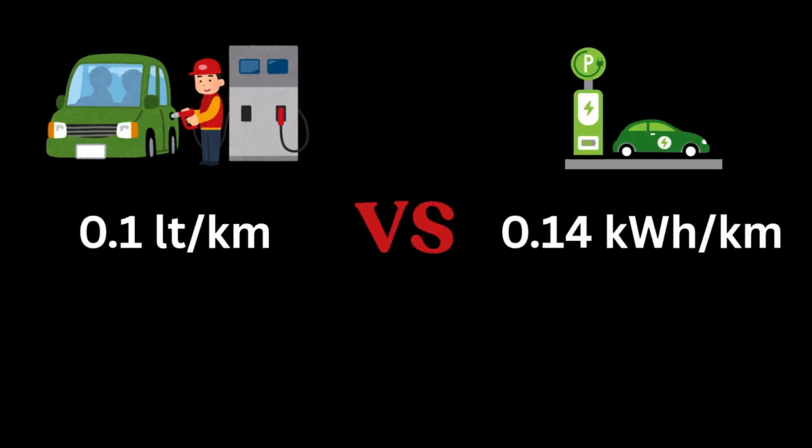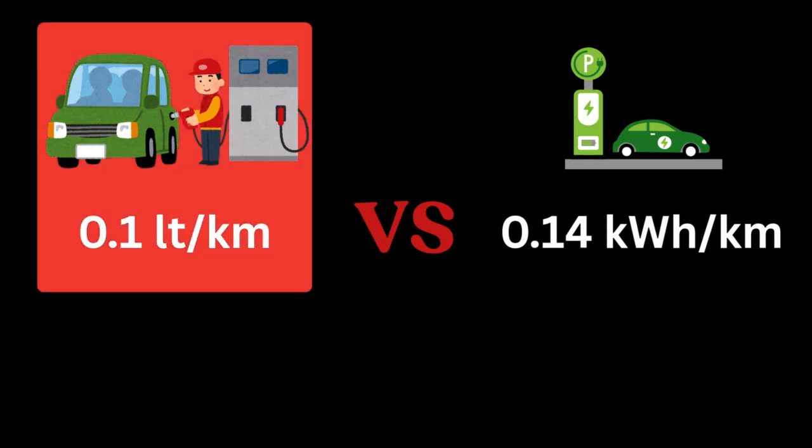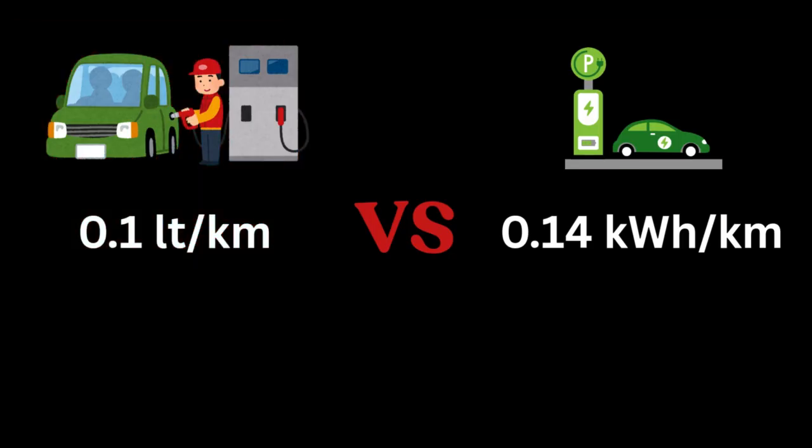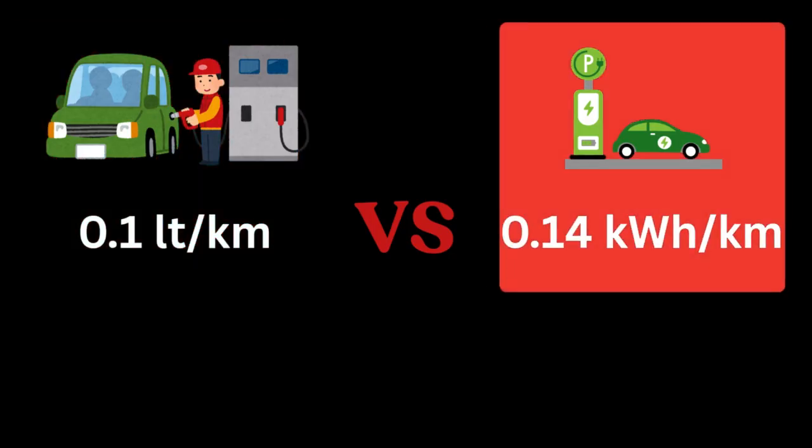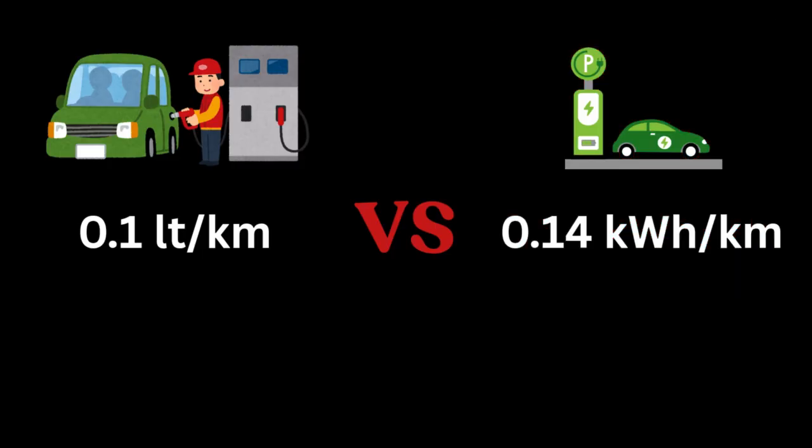After we calculate both ratios, we will get the consumption ratio of gasoline cars is 0.1 liters per kilometer. And the consumption ratio for electric cars is 0.14 kilowatt hours per kilometer.